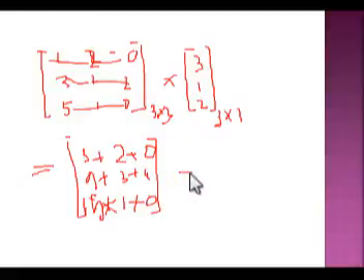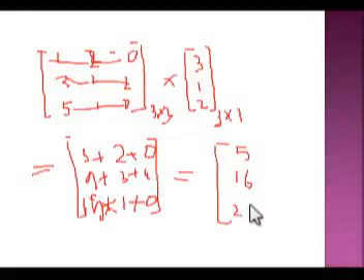So you can easily calculate: 3 plus 2 is 5, 9 plus 3 is 12, plus 4 is 16, and 15 plus 1 is 16. In this way matrix multiplication can be done.